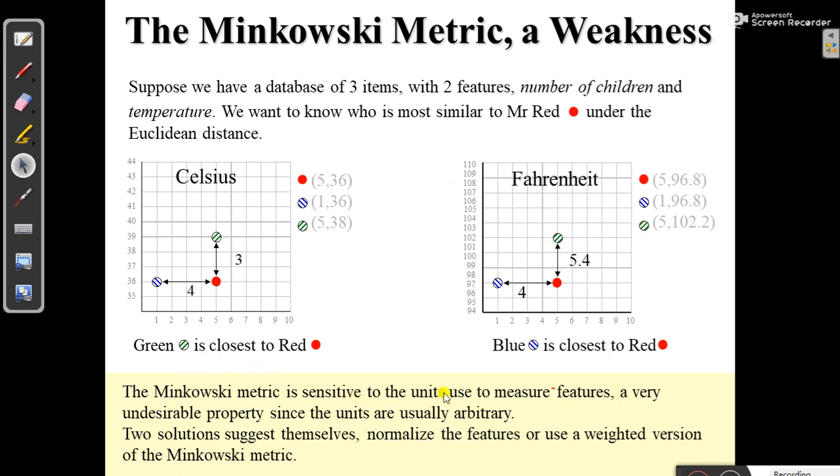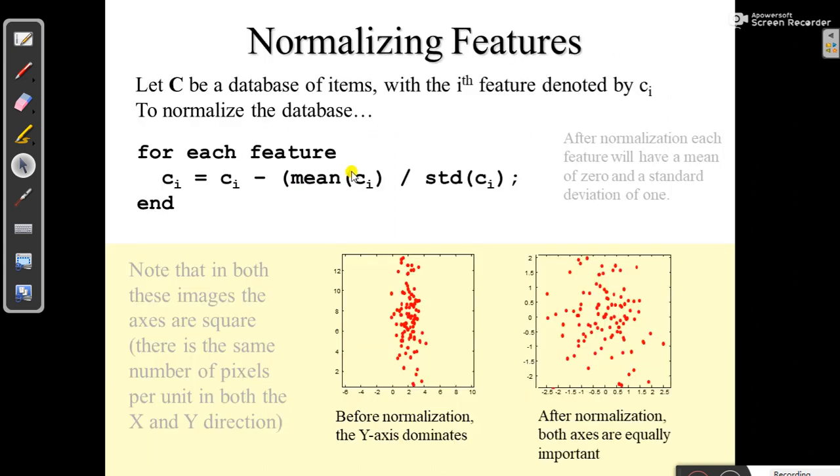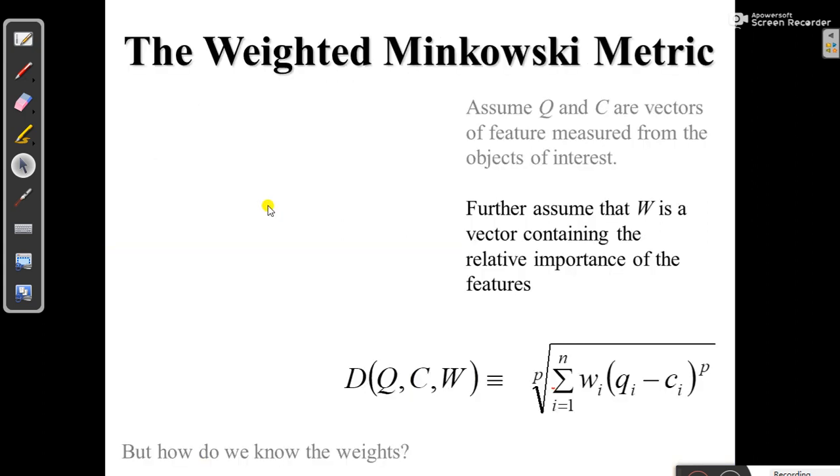The Minkowski metric is sensitive to the units we use to measure features, a very undesirable property since the units are usually arbitrary. Two solutions suggest themselves: normalize the features, or use a weighted version of the Minkowski metric. We can use different types of distance measure metrics to find the similarity, or we can normalize for better similarity values.